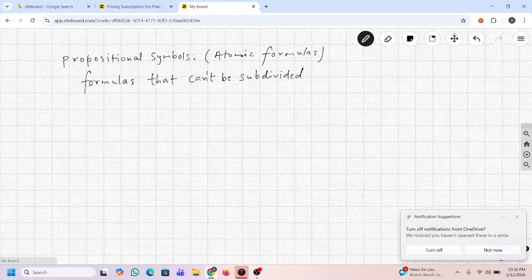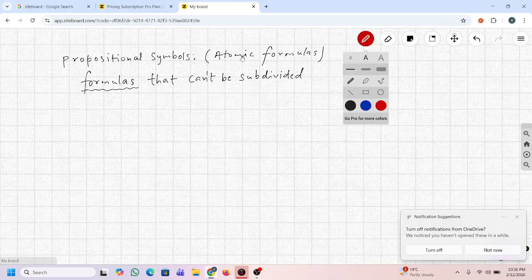Now see, more complicated formulas can also be derived from the atomic formulas using connectors. Using these atomic formulas, more complicated formulas can be derived.